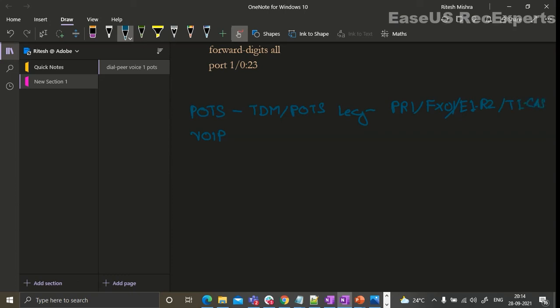The VoIP dial pair is used at the IP leg, when you have the H.323 protocol or the SIP protocol.